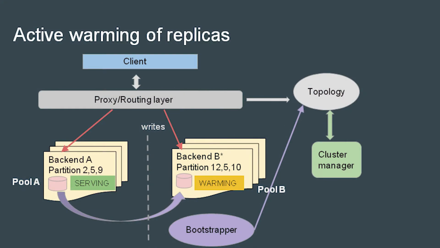Another problem that we're trying to solve is the active warming of restarted replicas. So I just talked about how in replicated Nighthawk, every partition has two replicas. If one of the replicas went down and came back up, it is empty and goes into warming, indicating that it doesn't have all the data yet.